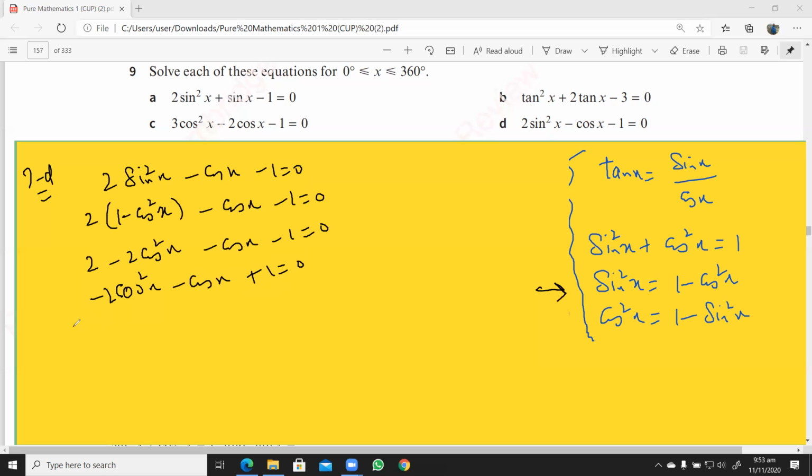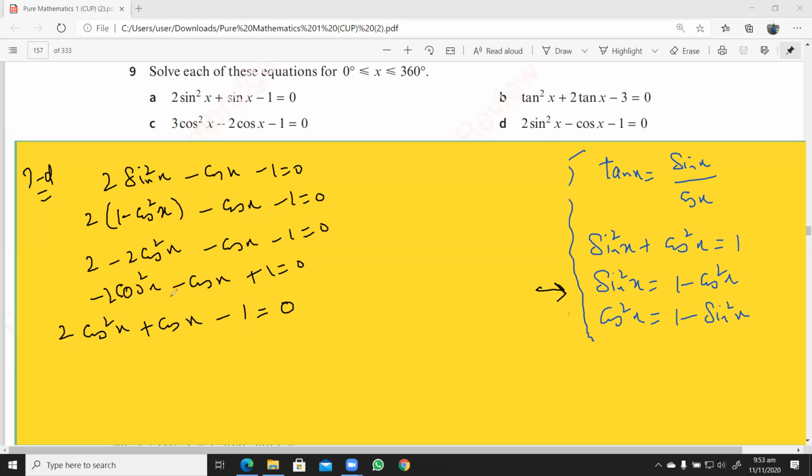You can take minus as common. So this is going to be 2 cos square x plus cos x minus 1 equal to 0. Now it is up to you. You can change your cos x with y, or you can directly solve it.